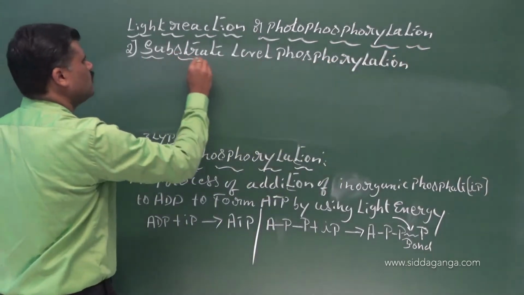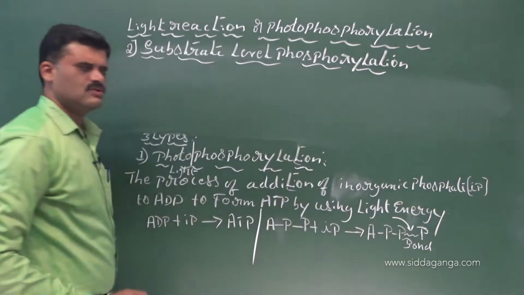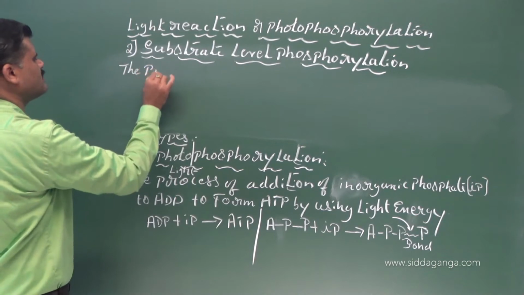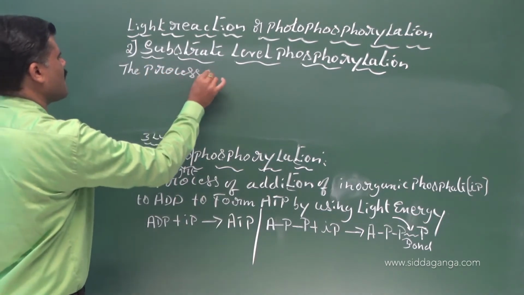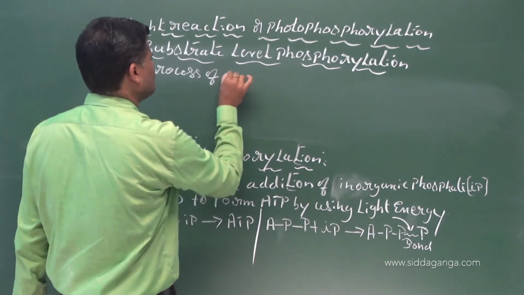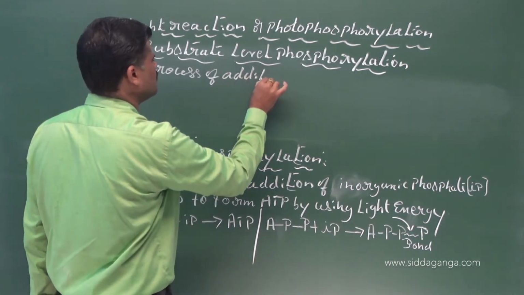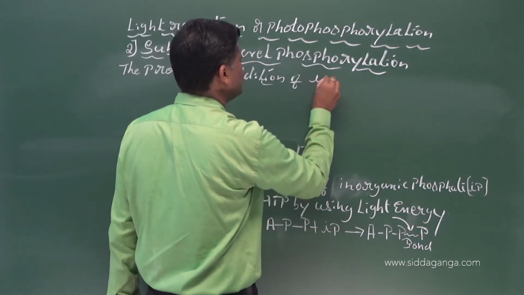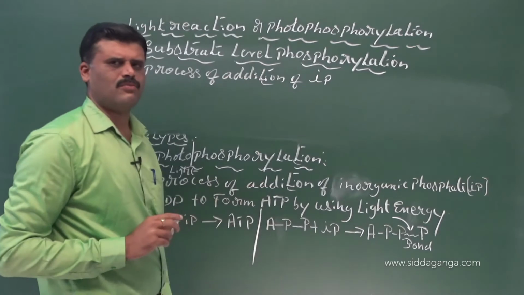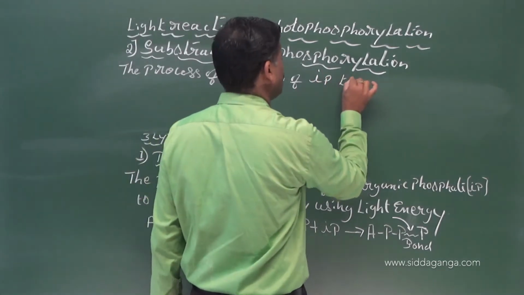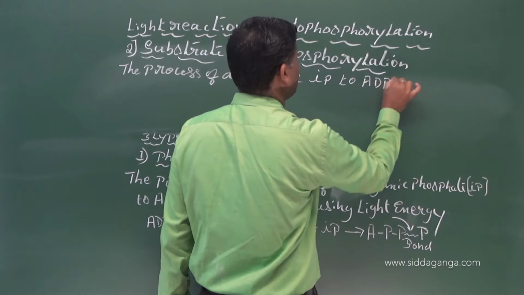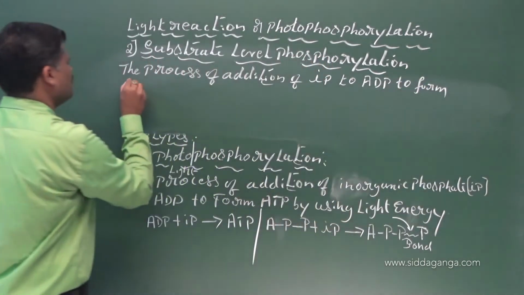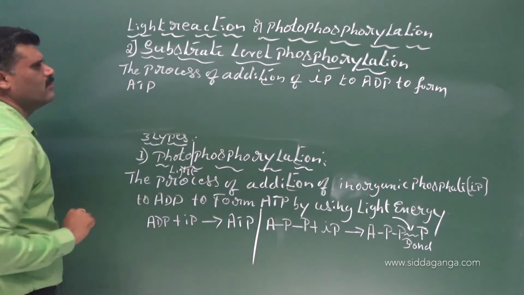Here it is defined as the process of addition of inorganic phosphorus or phosphate to ADP to form ATP. That is the definition of phosphorylation.